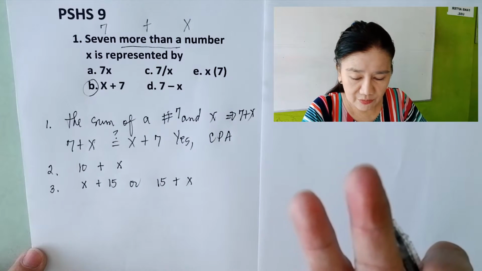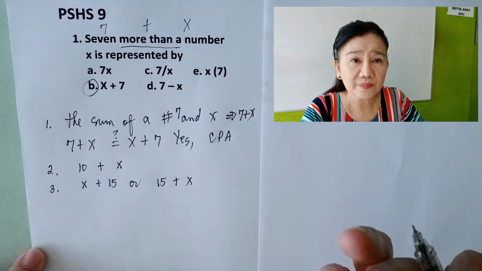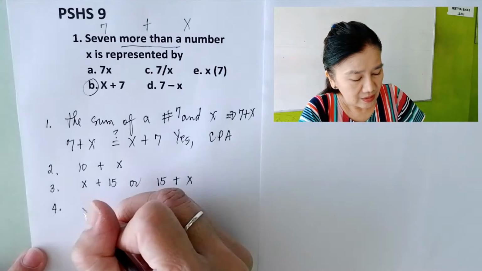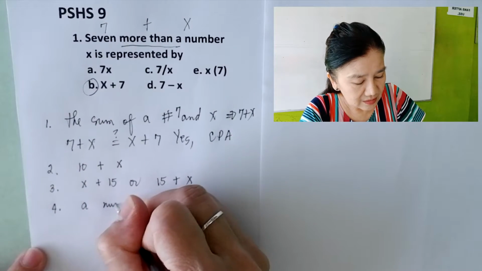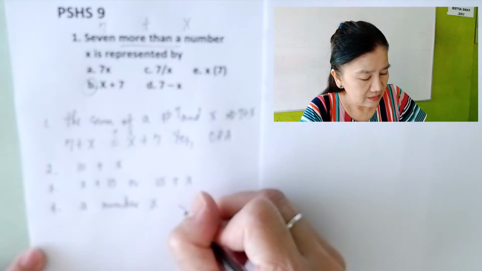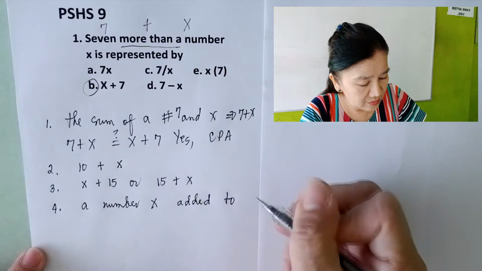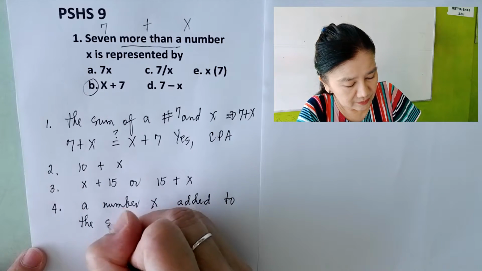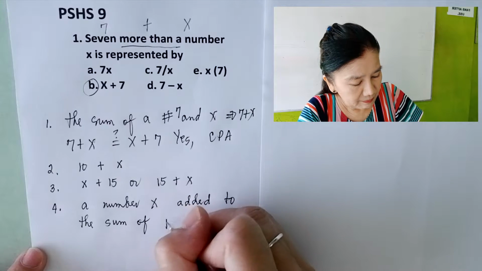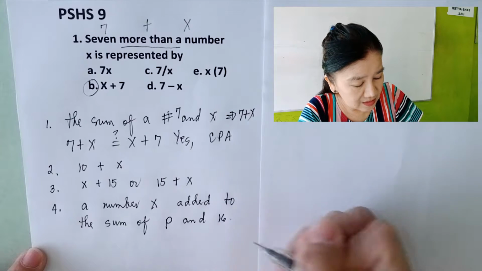Other words or phrases that are being used for addition. We can have a number x added to the sum of a number p and 16.